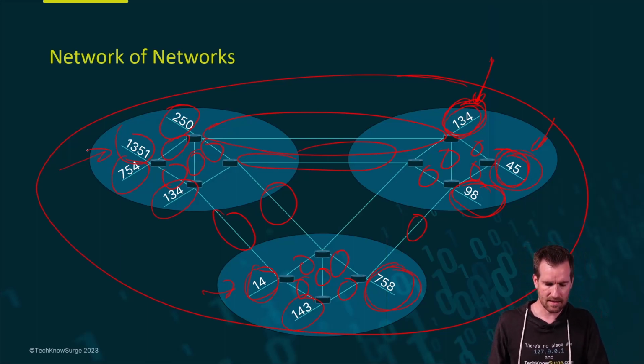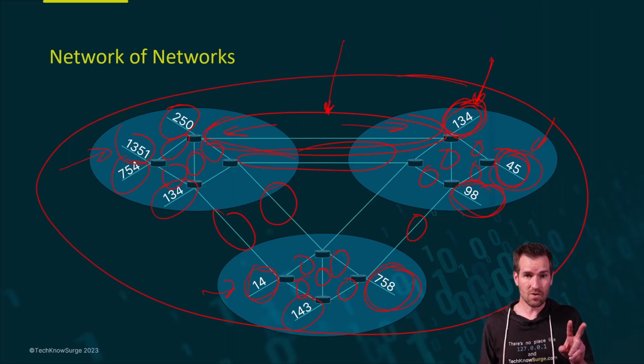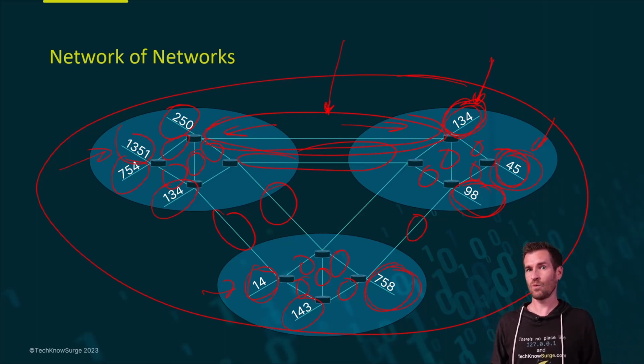Like this one has 1,351. There's actually these links right here where possibly we just need two, one for each side of this connection. So there's going to be times when we just need two usable IP addresses and times when we need a large quantity of these IP addresses.